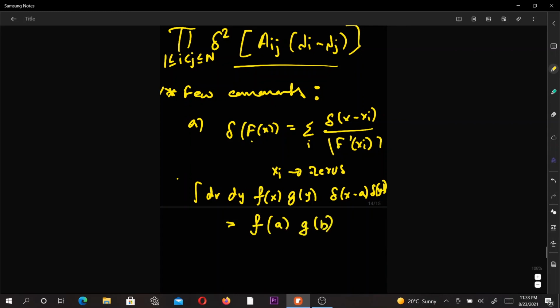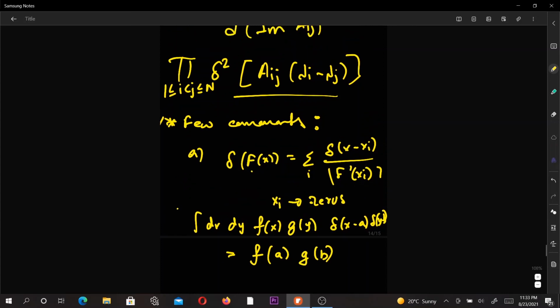That is what a delta function does, right? It will evaluate our function or pick out the specific value at a. That's the job of the delta function.